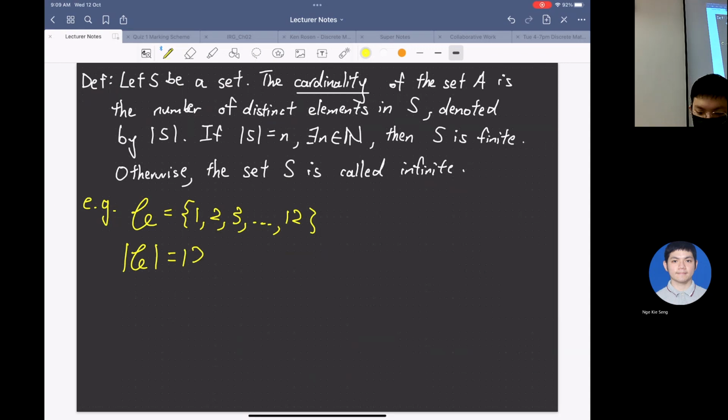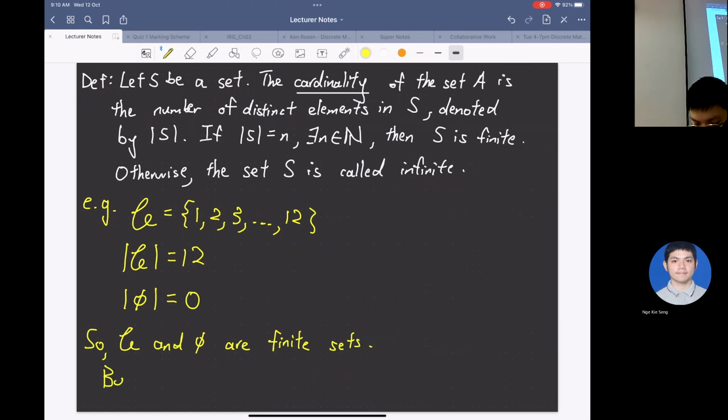So there are 12 distinct elements inside C. How about the cardinality of the empty set? It is 0, because there is no element inside the empty set. So C and the empty set are finite sets.